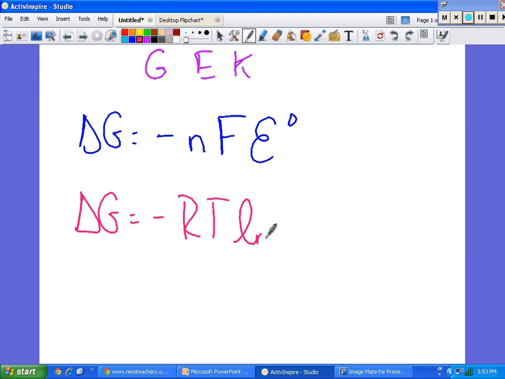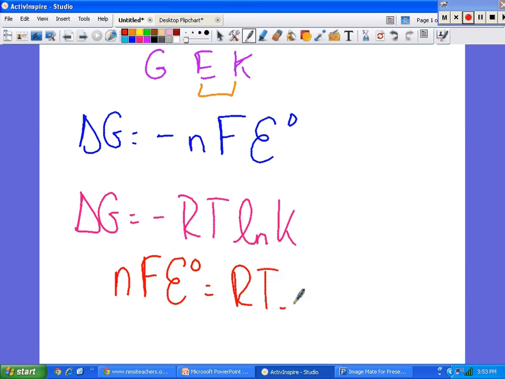Now be very intelligent here. How is E and K related? Is it positive or negative? Positive. Very good. Why? Because the negatives cancel. So you have nFE equals RT ln K. Now, I've honestly never seen an equation like that.